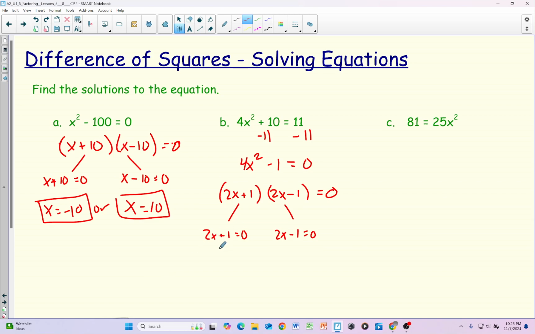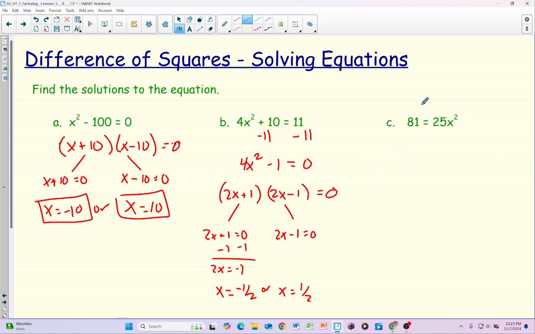All right, so now we solve, and if we solve, we get x equals negative 1/2. And this one, solve, solve, solve, x equals positive 1/2. Difference of squares will almost always create two answers that are the same but opposite sign. So either x equals negative 1/2 or positive 1/2.